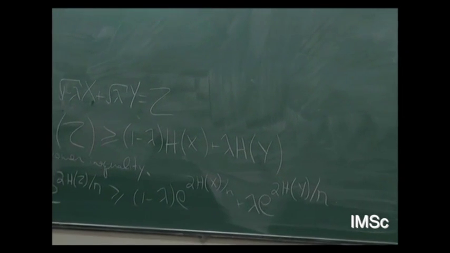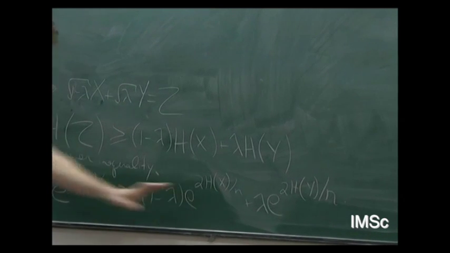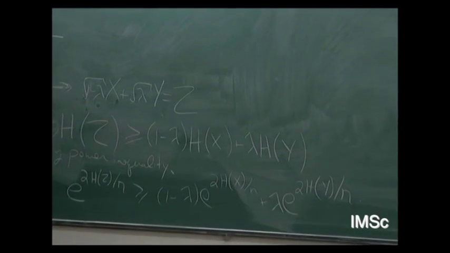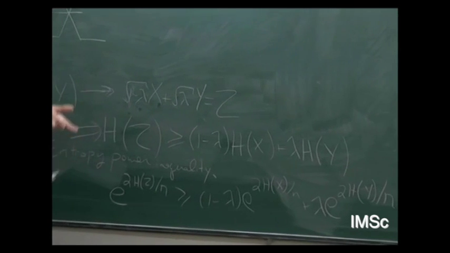Okay, so that's one way you can write it. You can also write it without these lambdas, but that's hard to generalize to the quantum case. So we're always going to talk about, in the classical case, stuff that preserves the average variance.